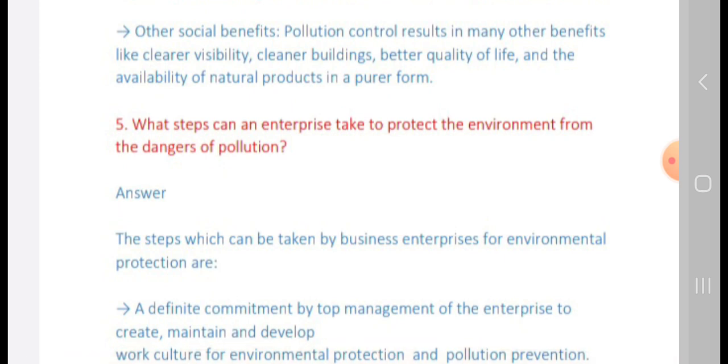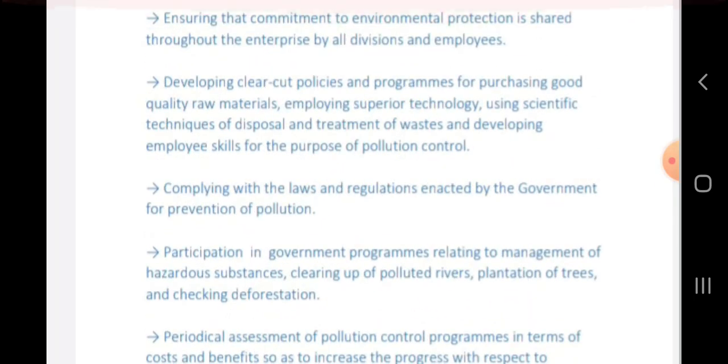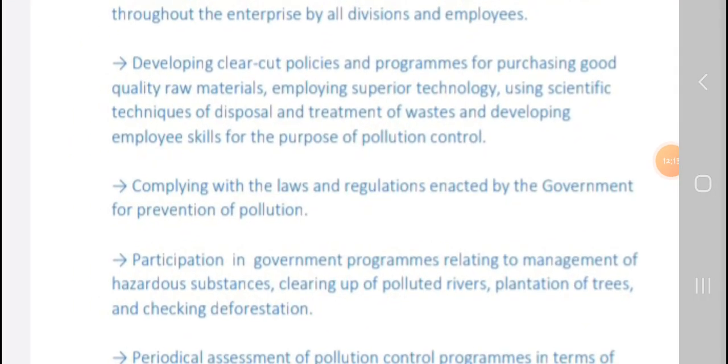What steps can be taken by the enterprise to protect the environment from the dangers of pollution? A definite commitment by the top management of the enterprise to create, maintain, and develop a work culture for environmental protection, and ensure that the commitment to environmental protection is shared throughout the enterprise by all divisions and employees.